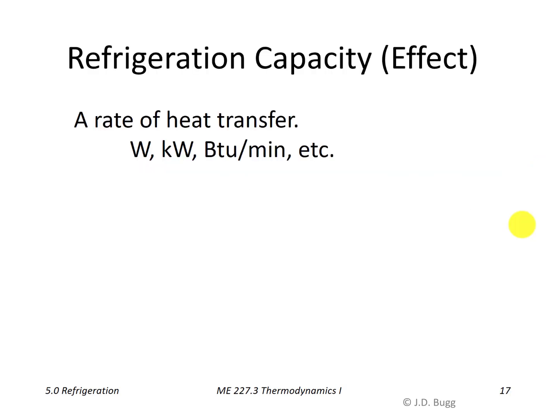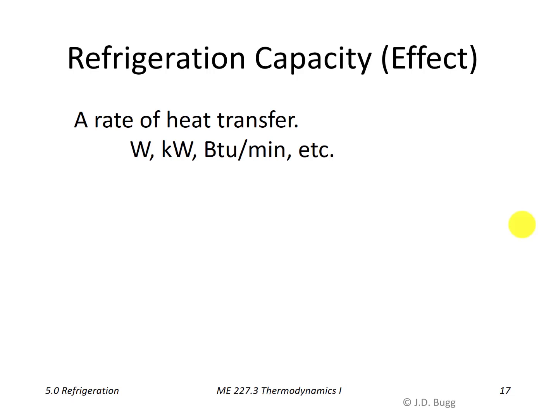Now I want to define a term here that is very often used as a unit for refrigeration capacity or refrigeration effect. Perfectly acceptable units for that are watts or kilowatts or perhaps BTUs per minute or BTUs per hour. Those are all a rate of energy transfer or a rate of heat transfer, and we've used pretty well all of those so far in the class.